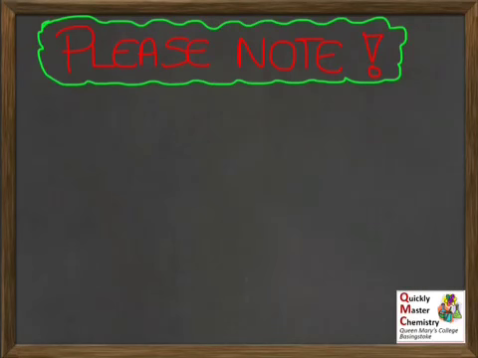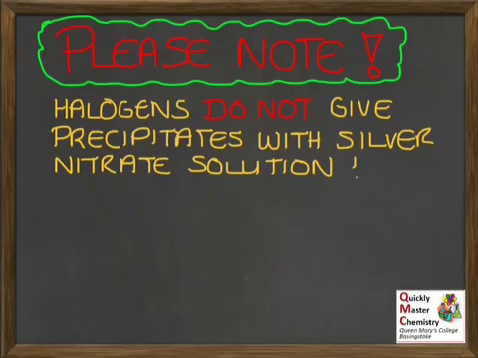We need to pause here just to get one thing very clear in our minds, which is that this idea of the silver nitrate test only applies to the halide ions, and people find it very easy to get confused here. So just make sure you've got this straight. The halogens, the elements, do not give precipitates with silver nitrate solution.